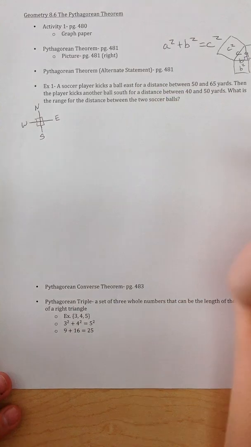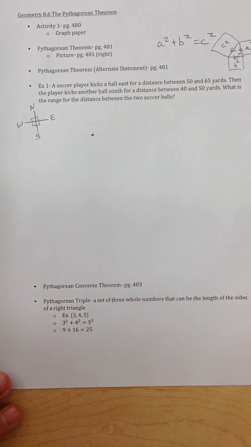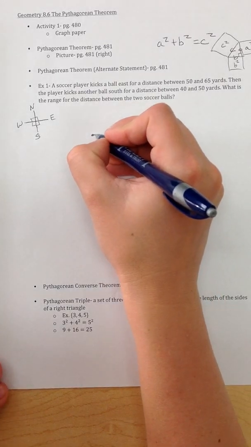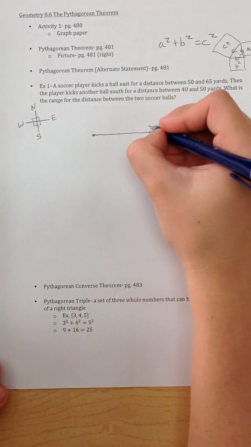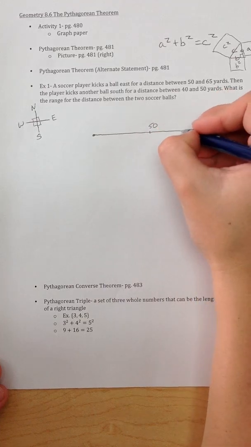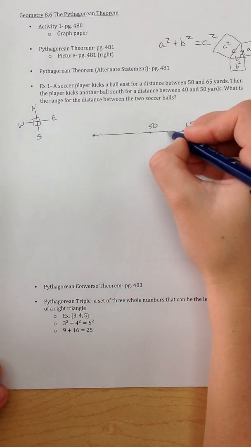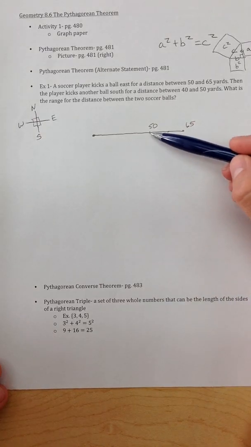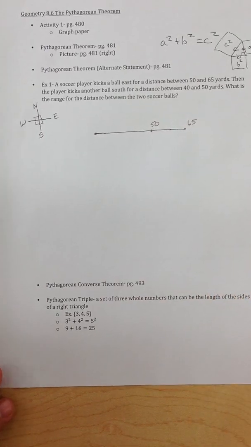So what I'm going to do here is draw a picture. We've got the soccer player right there, and it says they kick the ball 50 to 65 yards east. So if I'm going east here, say that's our 50, that's our 65, and that ball is somewhere in between there. It could be closer to 50, could be closer to 65, we have no idea.